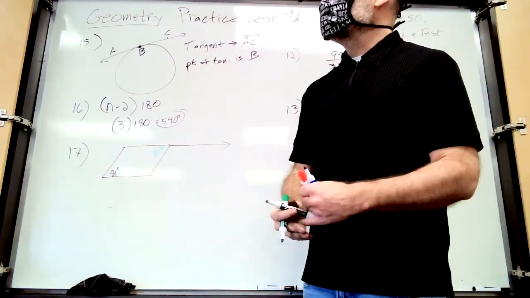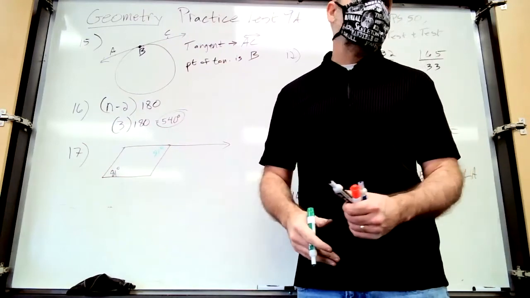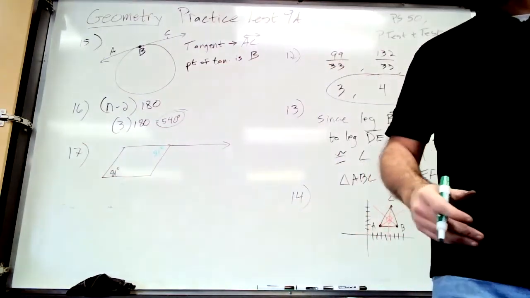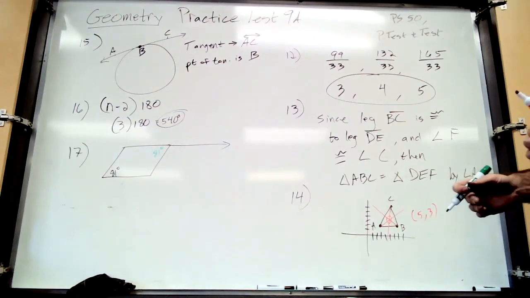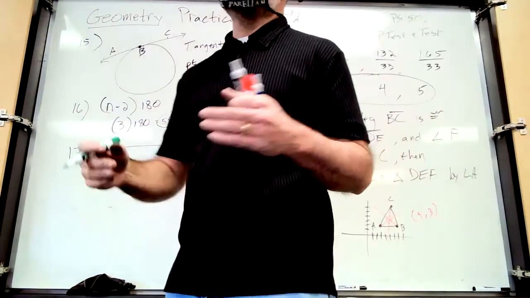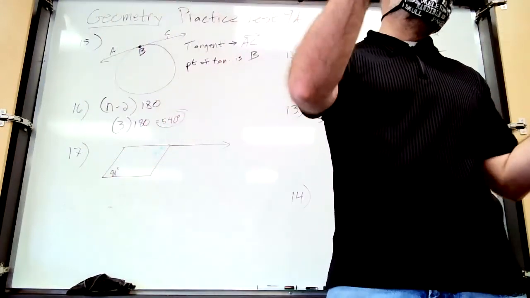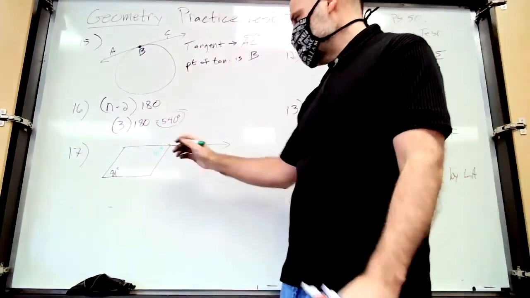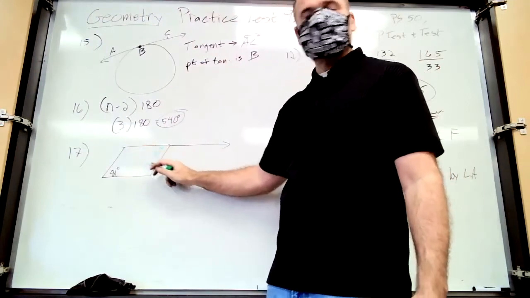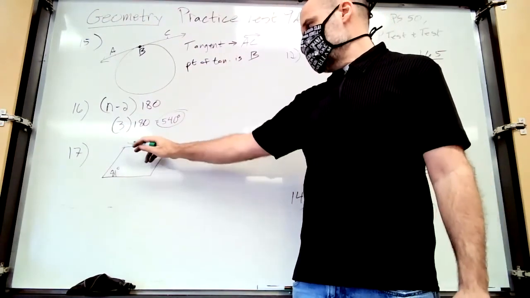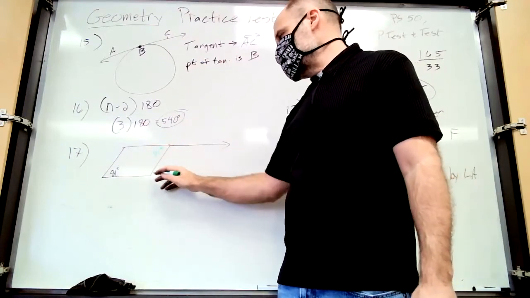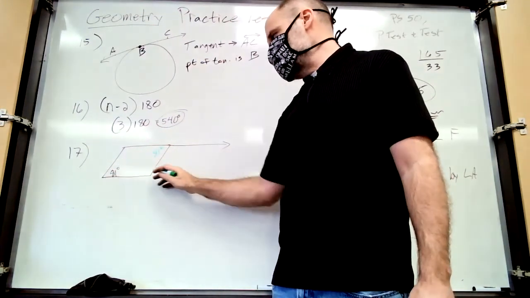It's not because of a transversal, it's because of the properties of a parallelogram: opposite angles are congruent. So if these are 81, what are these other angles? They have to be equal and they all have to add up to 360, but they're going to be congruent.